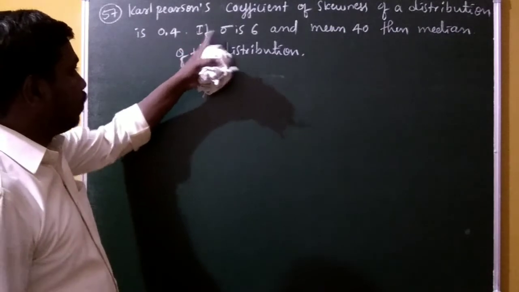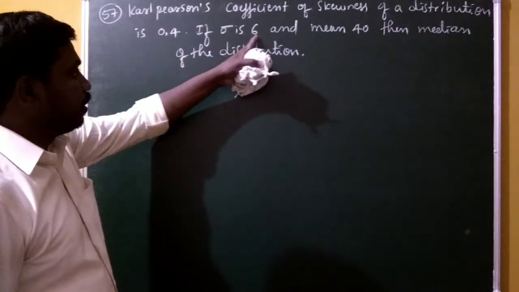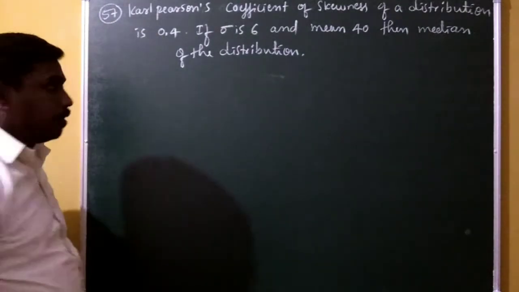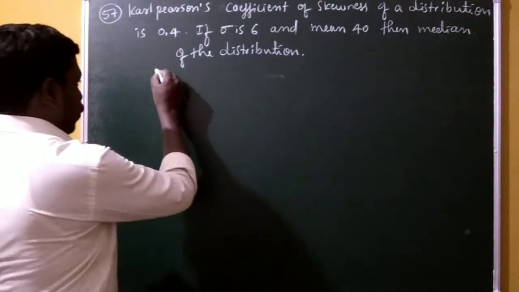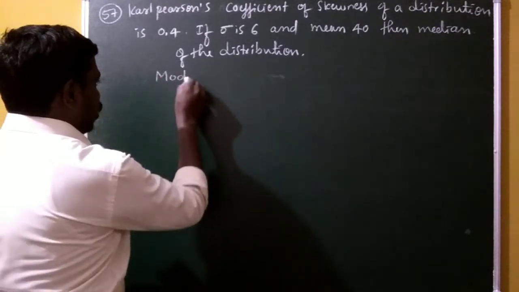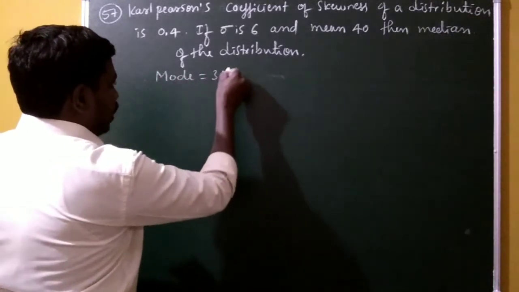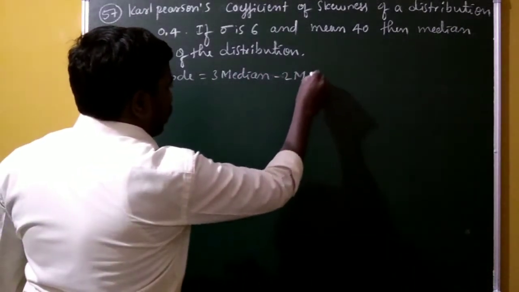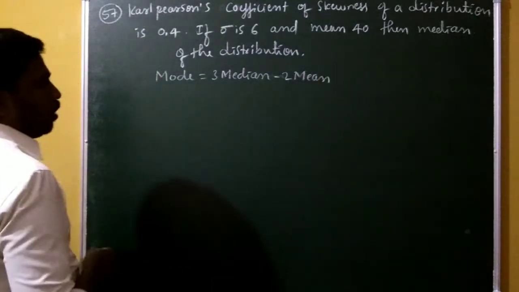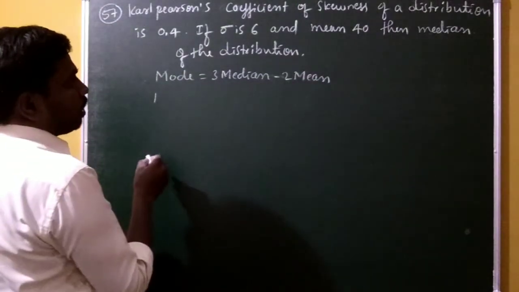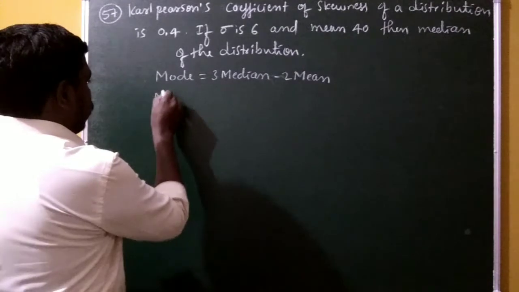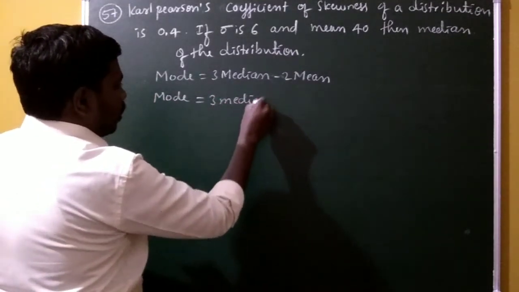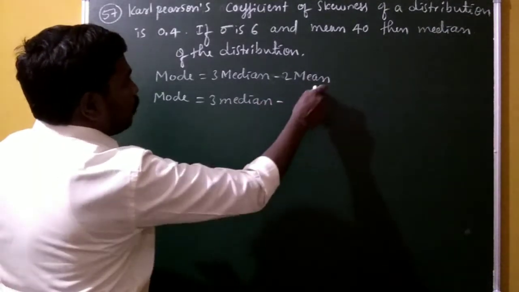Next, the Karl Pearson coefficient of skewness of a distribution is 0.4. If sigma, the standard deviation, is 6 and the mean is 40, then find the median of the distribution. Here take the mode relation: mode equals 3 times median minus 2 times mean. The mode is not given, so mode is equal to 3 times median minus 2 times mean.